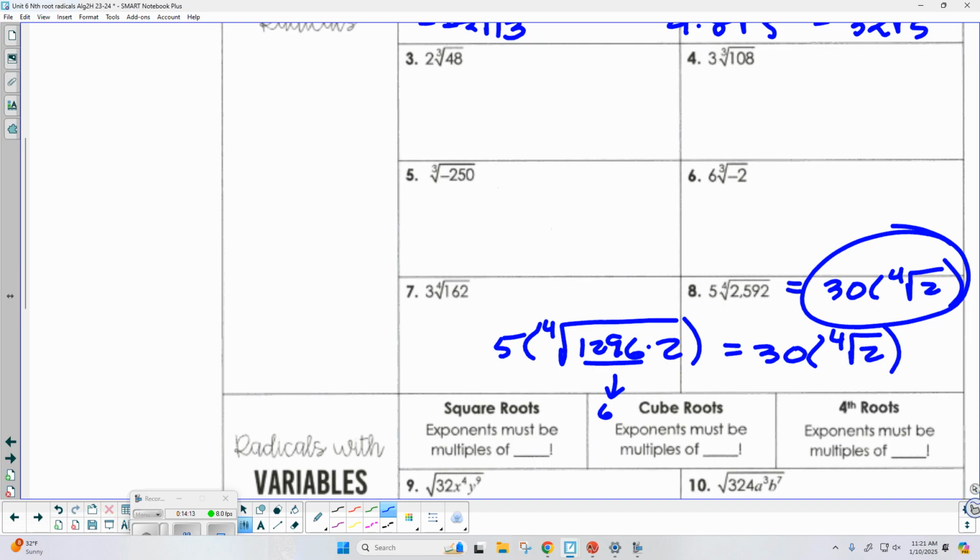Remember, it is possible for a number to be different types of roots. Like we just saw one a second ago, like 81, that's a perfect square, but it's also a perfect 4th. So 1296 is actually the same thing. Okay, nice.